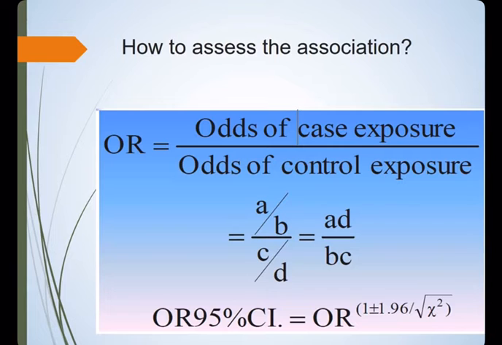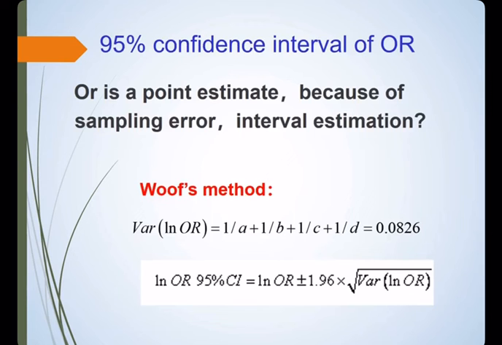One approach is listed in this slide, which is according to the chi-square test result. Another is in this slide, which shows the Woolf's method, and we can see that because of this kind of sampling error, this interval estimation can be estimated through two different types of methods.